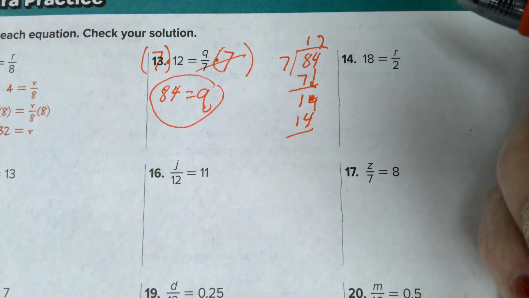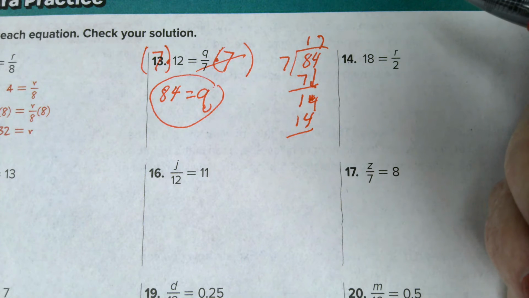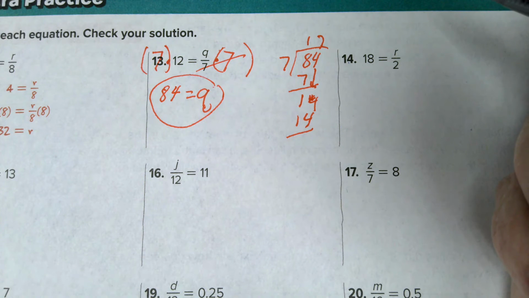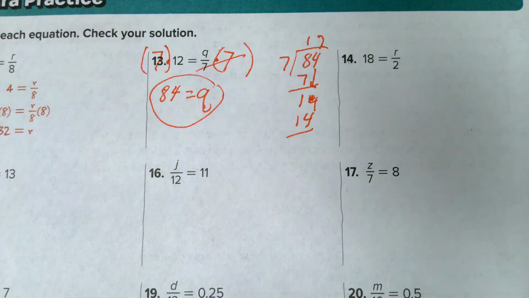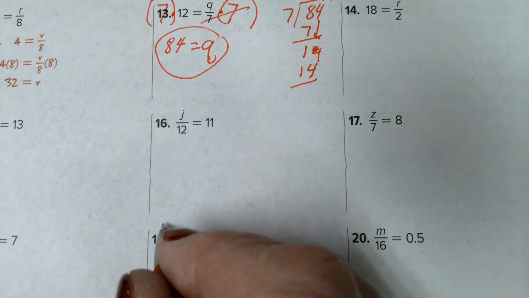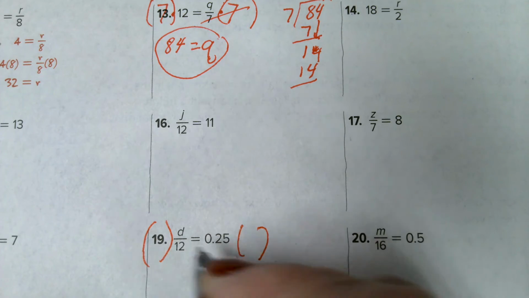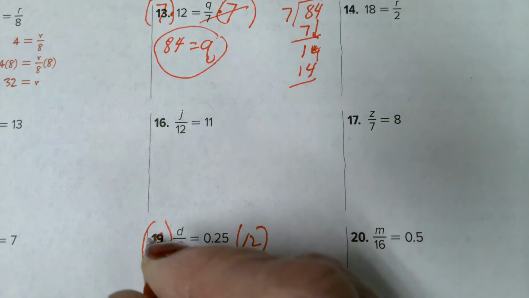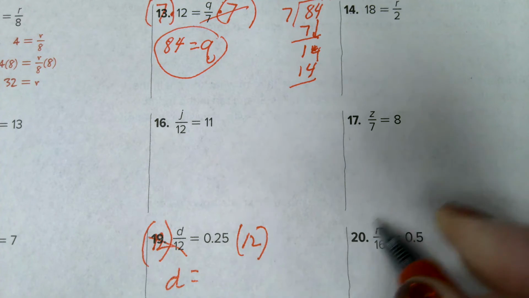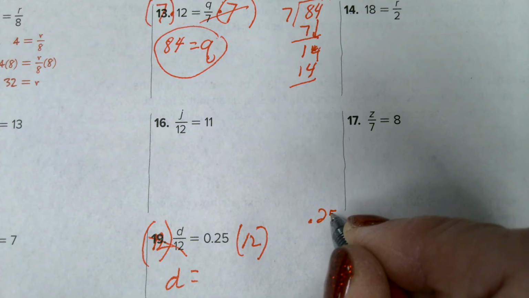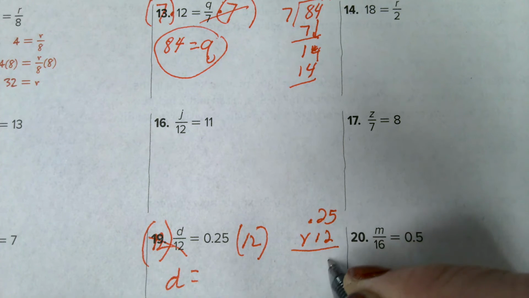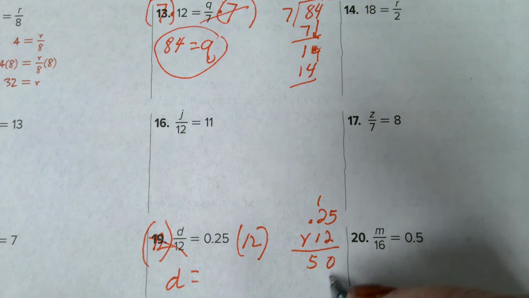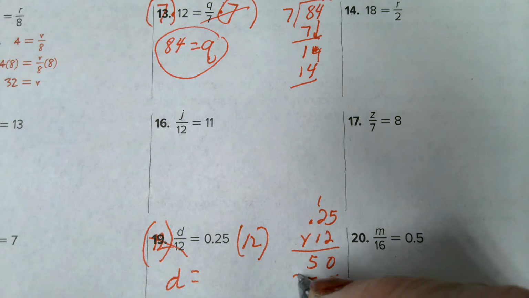All right, now let's look at question number, let's do number 19. In number 19, multiply both sides by 12. D equals 0.25 times 12. Place value 0.